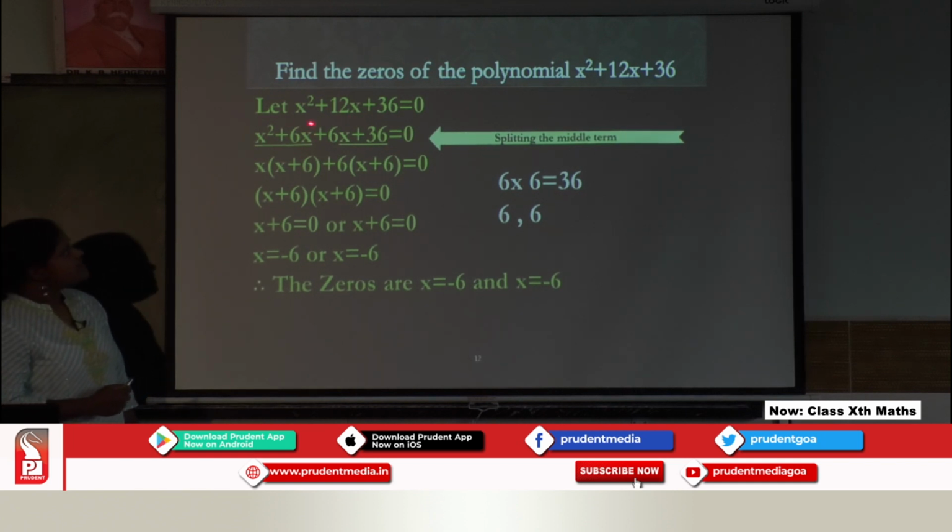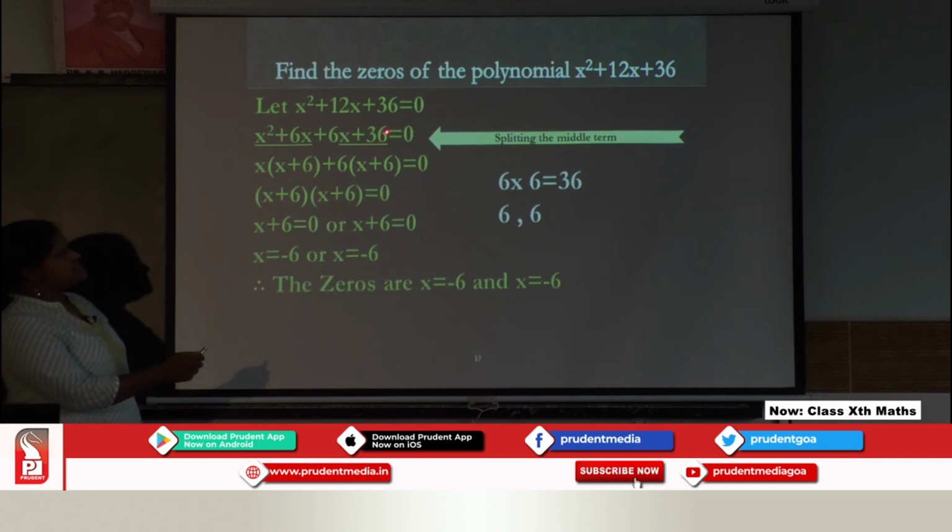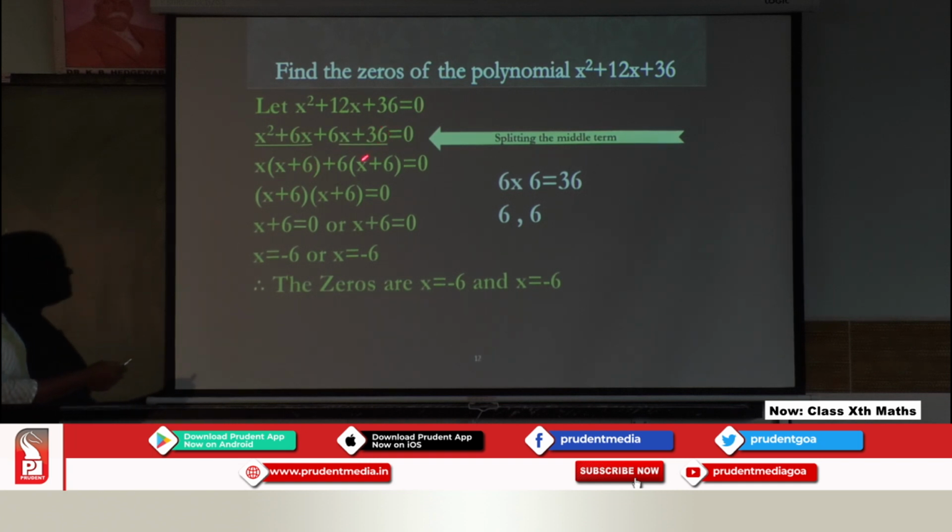Again group them. In the first group x is common, take it out. What is left is x plus 6. Between 6 and 36, 6 is a common factor, take it out. What is left is x plus 6. Now x plus 6 is a common bracket, take it out. What is left is x plus 6 in the second bracket.